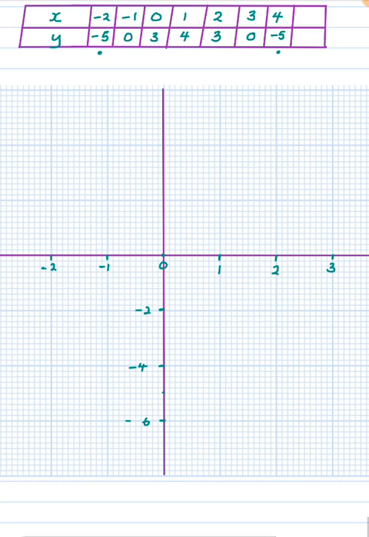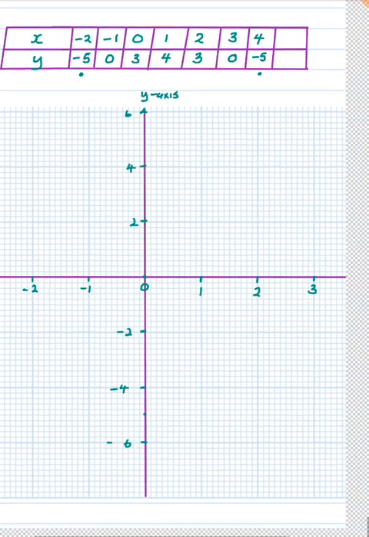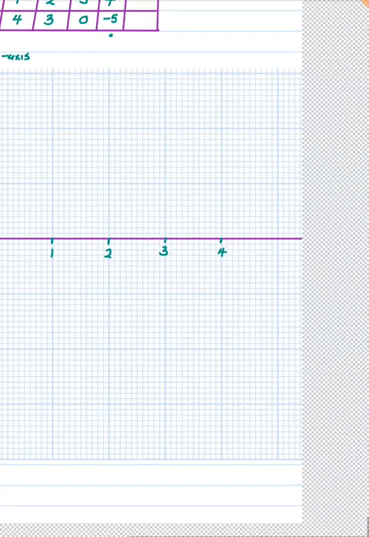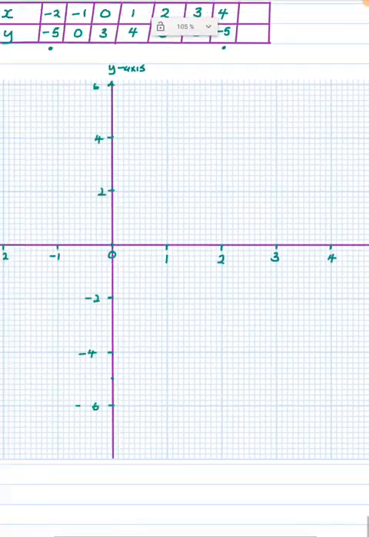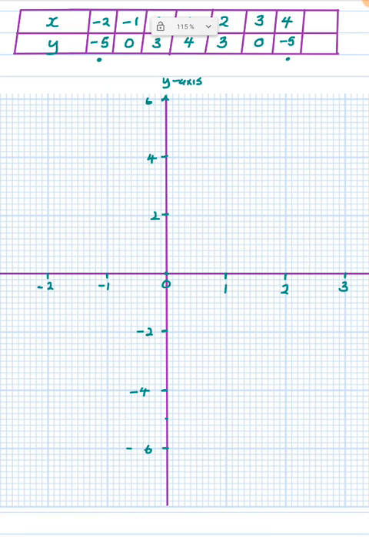Then on top again we want to reach 5, so we say 2, then 4, then 6. This one is the y-axis, and that other one we had labeled is the x-axis. Then after that we want to label and draw our coordinates.